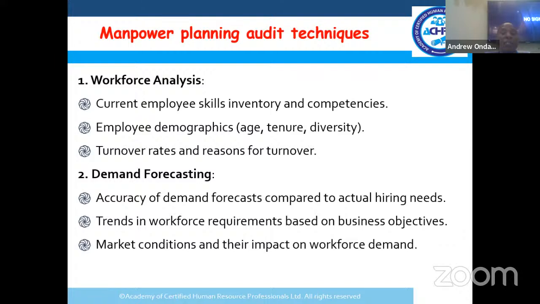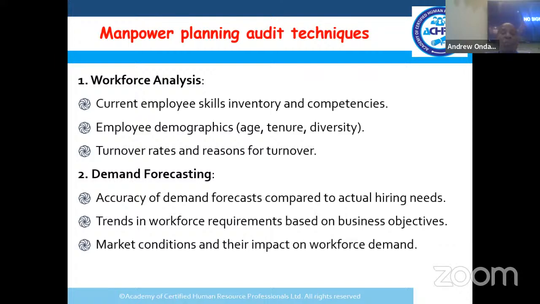Or when we want to develop career paths, we know where to go. And if there are inefficiencies in this system, we shall know through this audit. Because by auditing the skills that people have, we are likely to identify skill gaps. And if there are skill gaps in our system, then we can make recommendations as HR auditors.